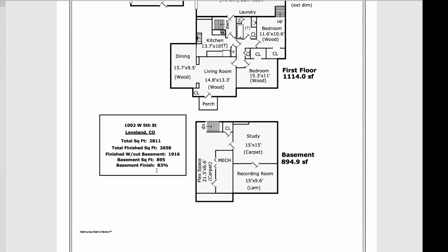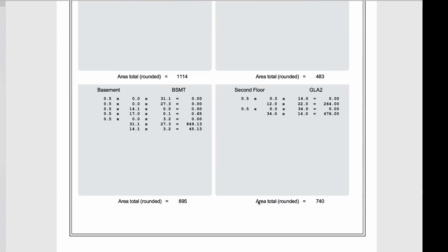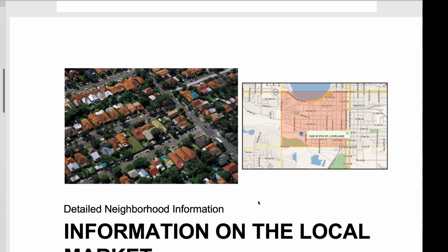Let me point out that your property is 2,811 square feet, with about 2,000 square feet up, almost 3,000, 2,811 total in your property.